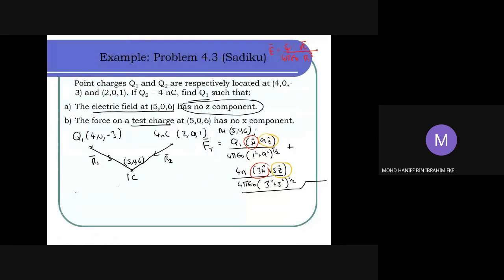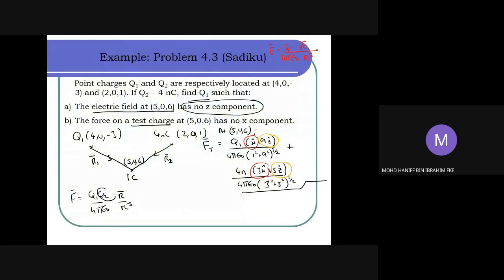Basically, if you base on the equation, let me write the equation for you. The F will be Q1 Q2 over 4 pi epsilon naught, R vector over R to the power of 3. If you want to find the force on a 1 coulomb charge, either Q1 or Q2, in this particular case let's assume that Q2 is 1 coulomb.